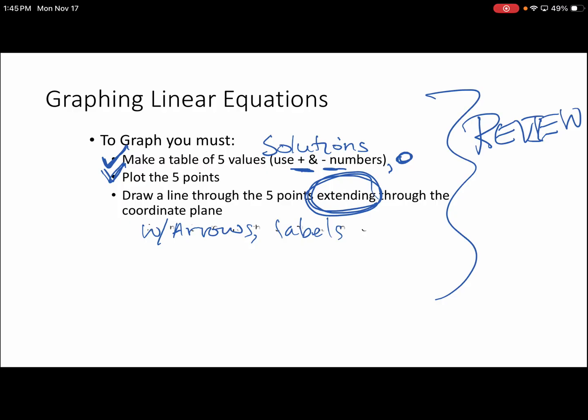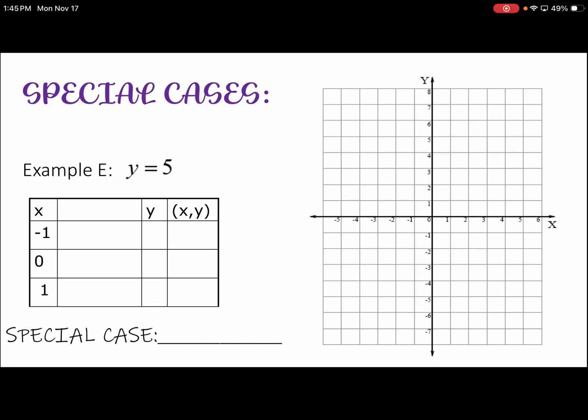Let's try one. All right. I know you guys have -0 on your paper. That's a typo. I took it off the PowerPoint because it's a typo. I'm going to take -1 and I'm going to plug it in for x. What do I get when I plug in -1 for x? I still get 5.